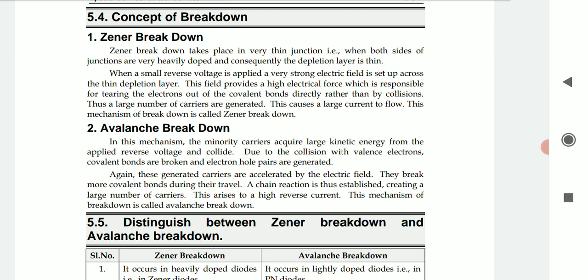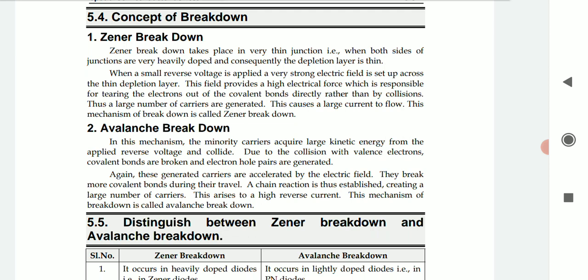Okay, here what will happen? By applying the reverse voltage, since the Zener diode is made up of heavily doped p-type and n-type materials, a strong electric field is developed at the junction, due to which, to break that strong electric field, it requires more energy.